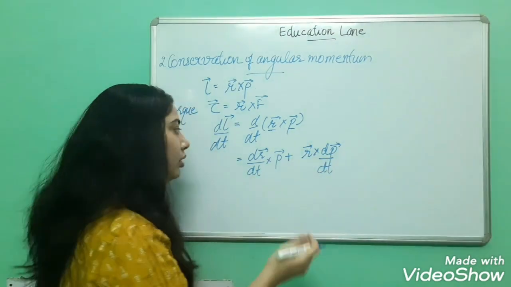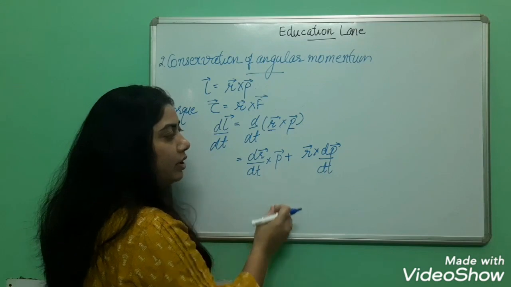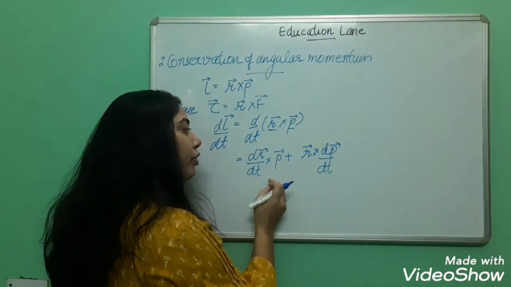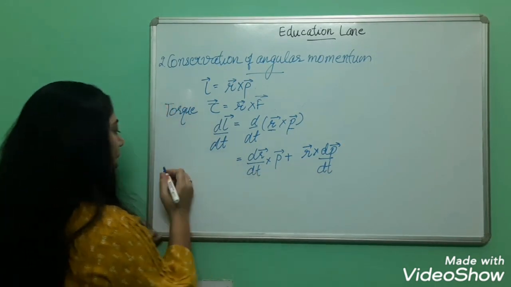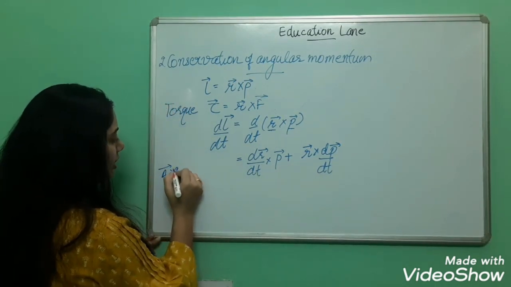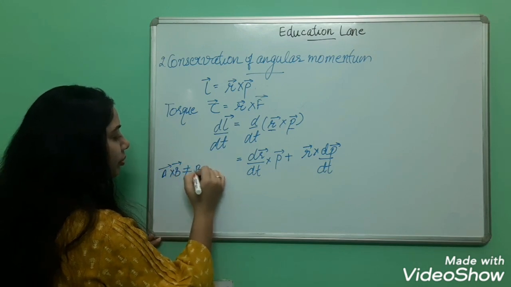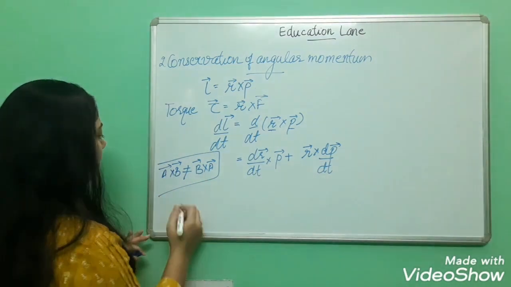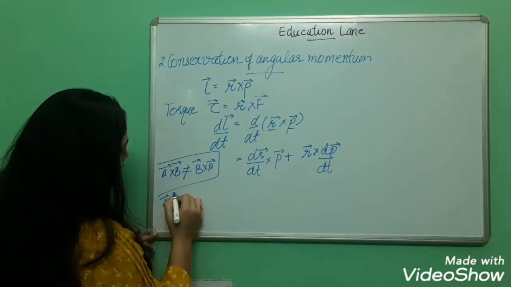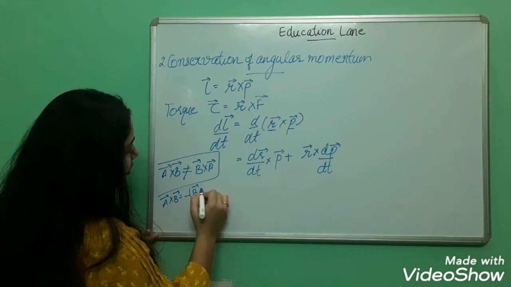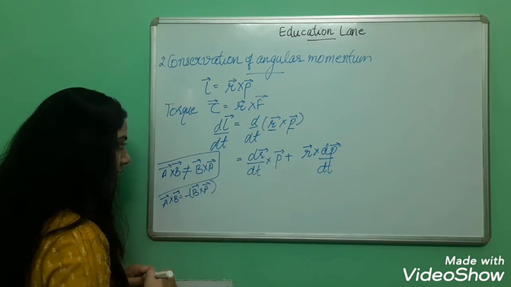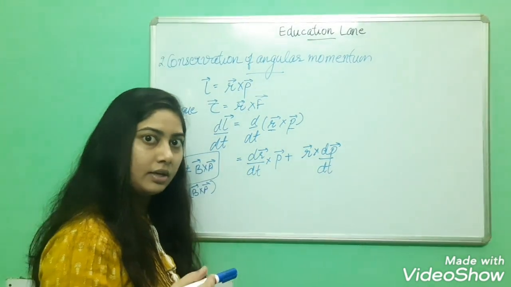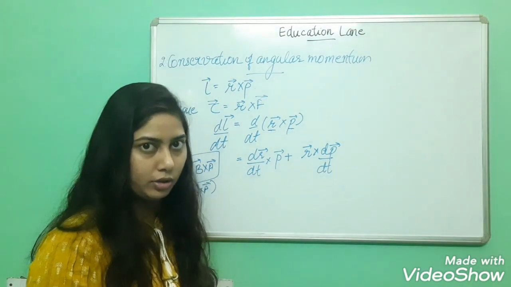In vectors, the position of any vector matters. A cross B is not equal to B cross A in vectors. A cross B is equal to minus of B cross A. In my next video, I will tell you about vectors and scalars and some formulas of vectors also.